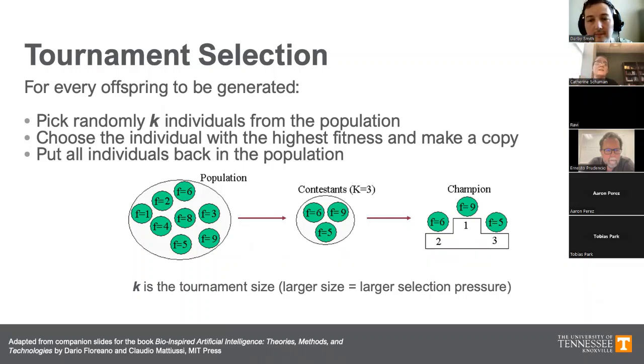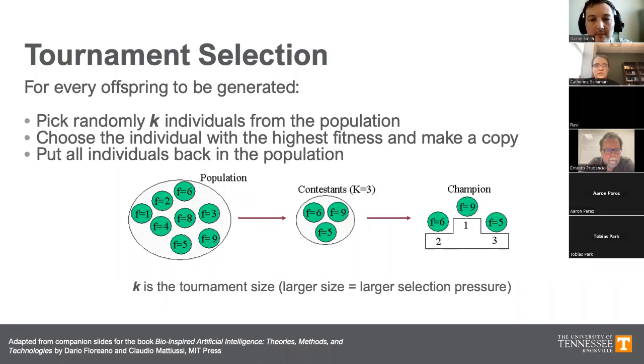And those are randomly selected from your population. From there, you choose the individual within that tournament from your set of contestants with the highest fitness. And that is the individual that gets to survive and reproduce. And then you take all of those contestants and you throw them back in the population. And repeat this process for however many offspring you need to generate.